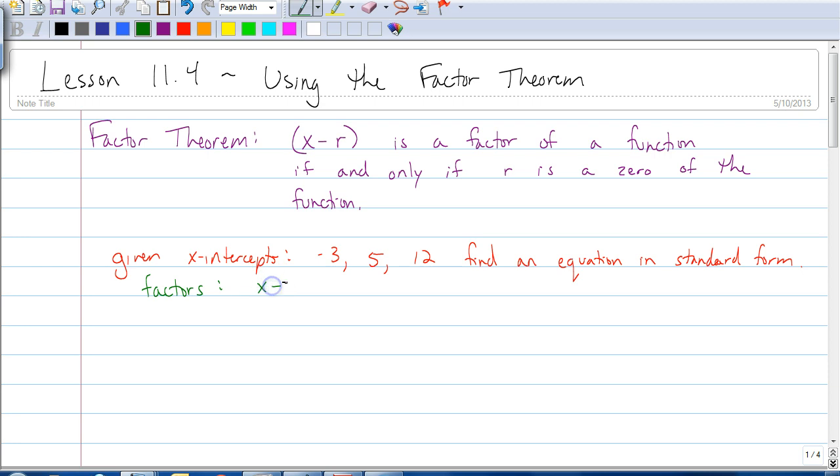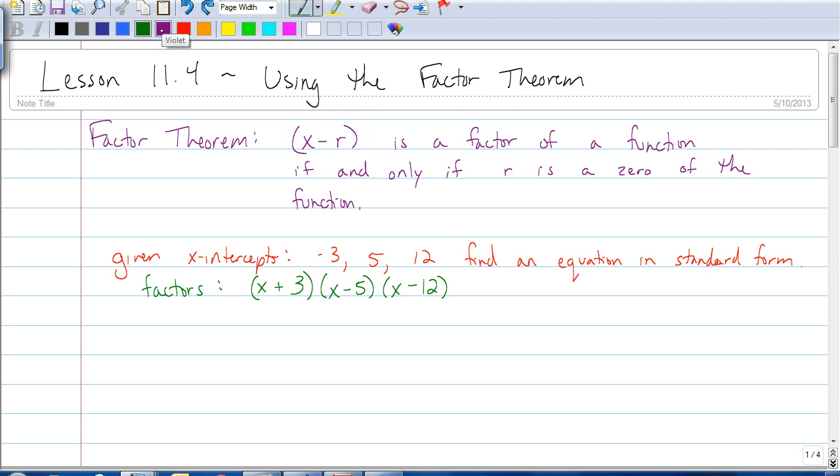A better way to write x minus -3 would be x plus 3. That would be one of my factors. Another factor would be x minus 5, since 5 is one of the x-intercepts. And since 12 is one of my x-intercepts, x minus 12 would be one of my factors. Again, I'm using the factor theorem here.